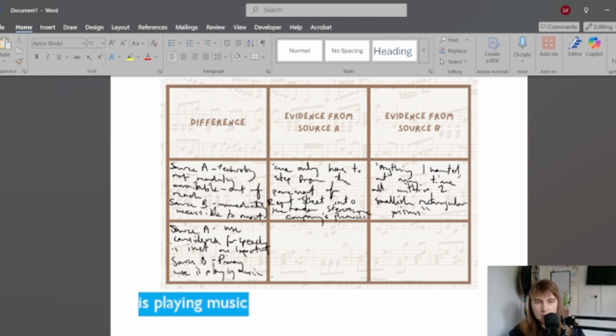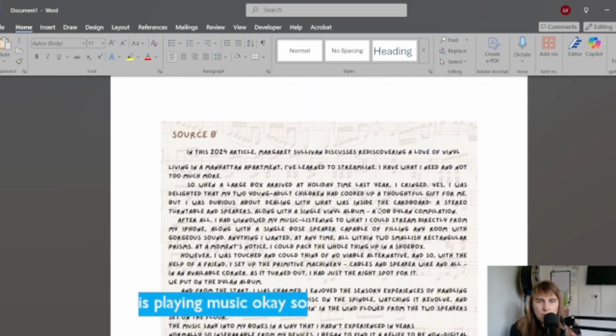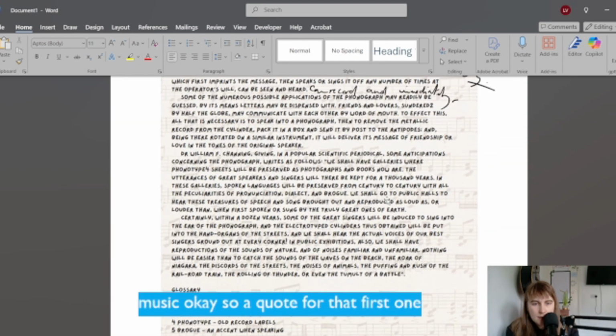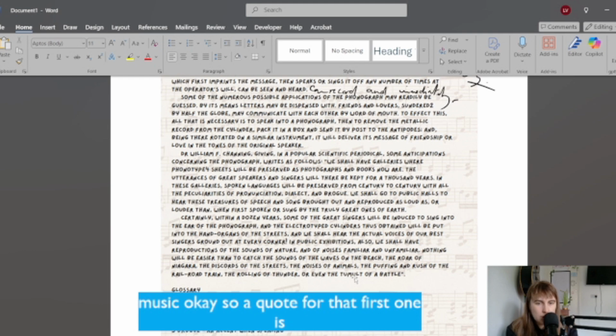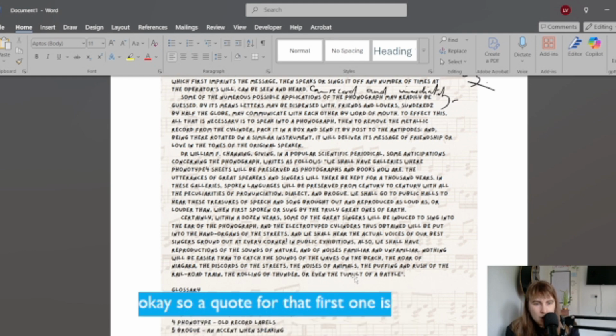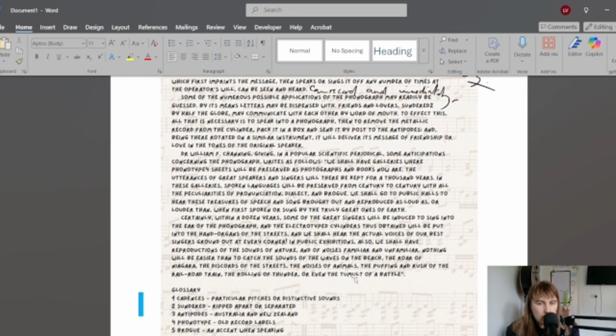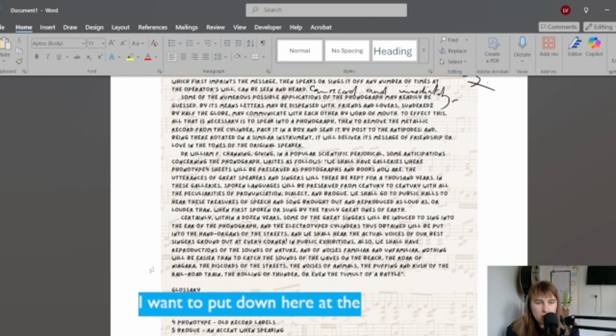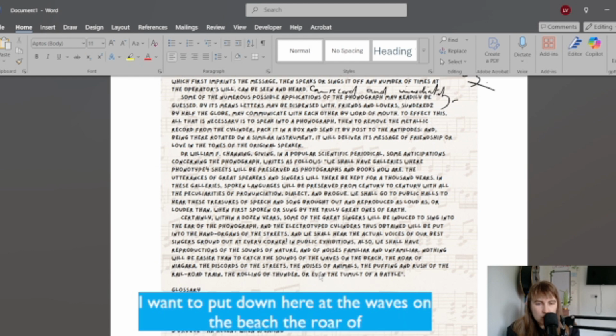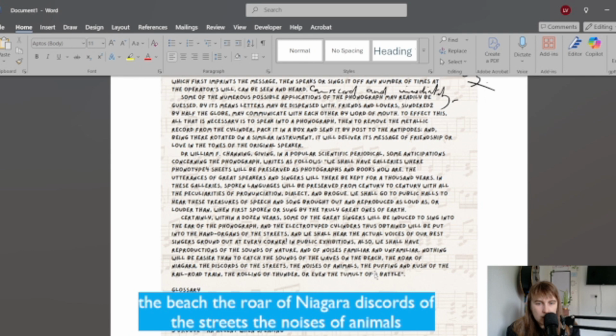Okay, so a quote for that first one is, I'm going to put down here: "the waves on the beach, the roar of Niagara, the discords of the streets, the noises of animals." So yeah, let's put a few of those down.